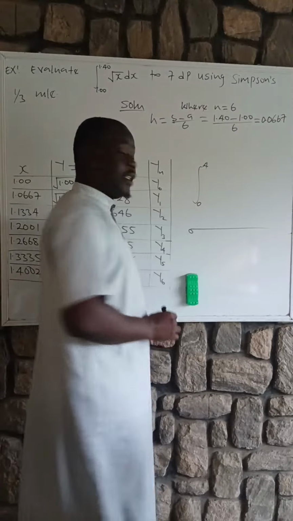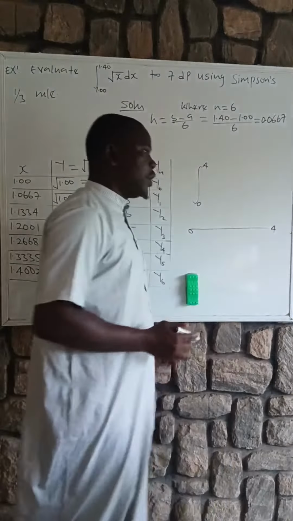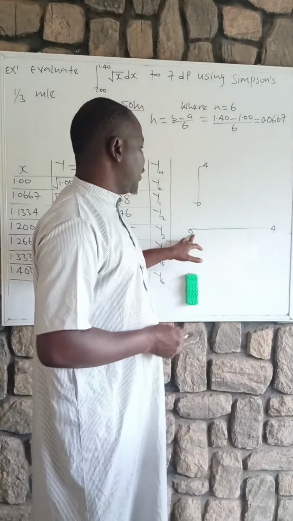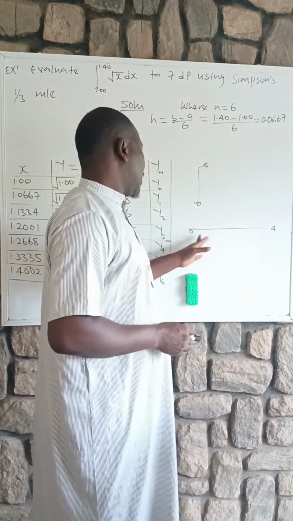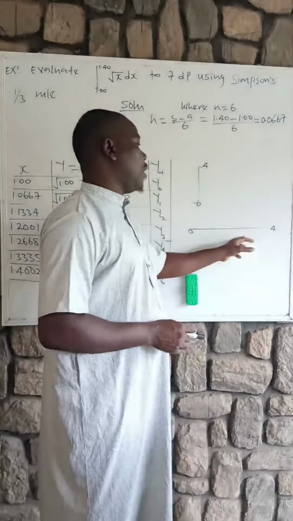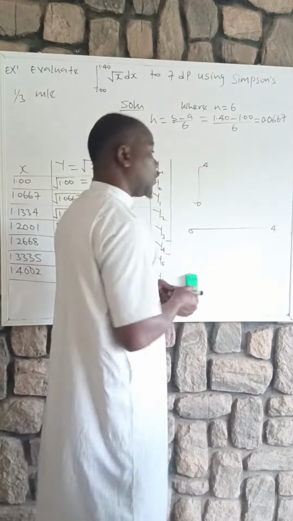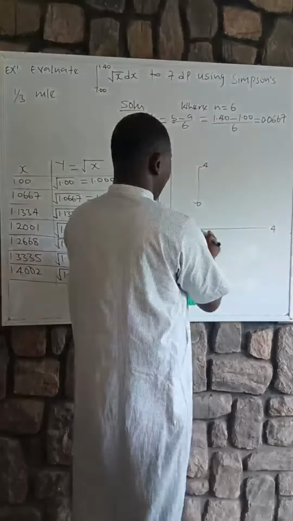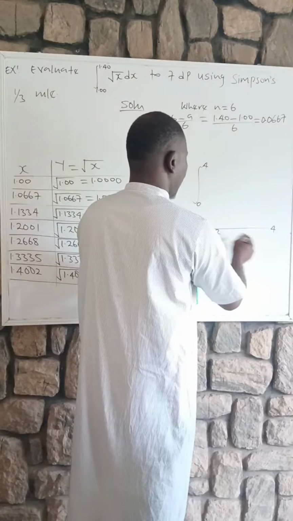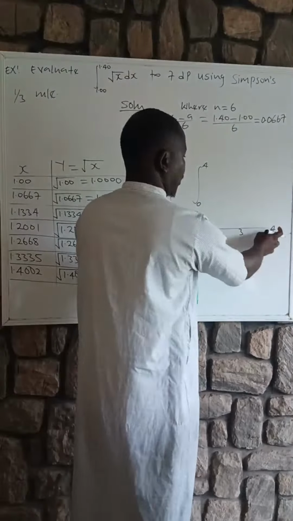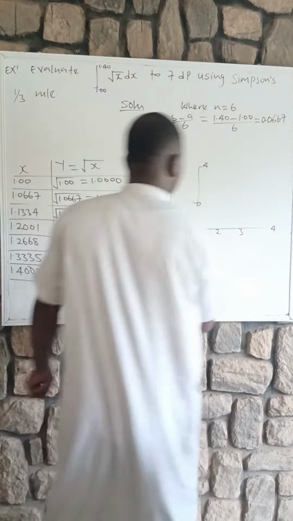So here is your origin, 0, and this is 4. In between 0 and 4, what are the numbers that, from 0, will approach until you get to 4? So it means 0, 1, 2, 3, 4.